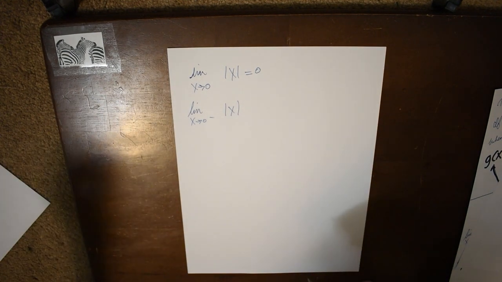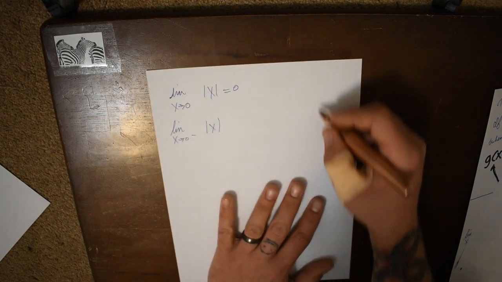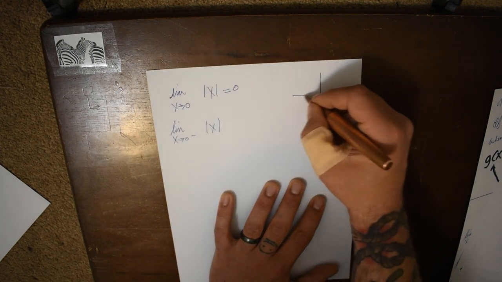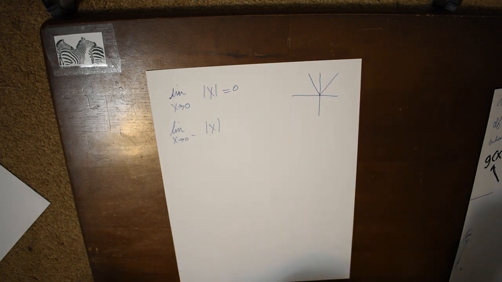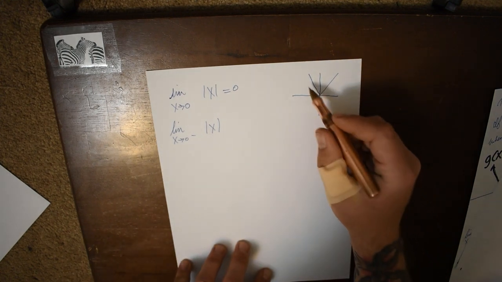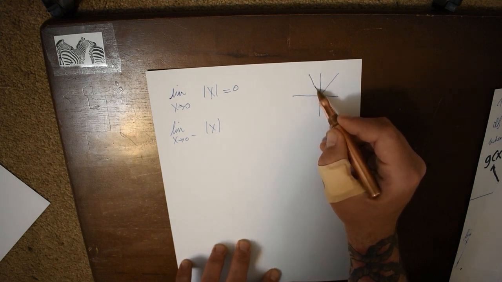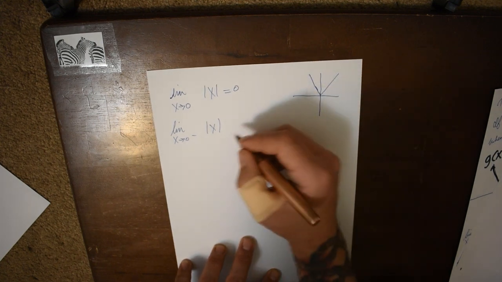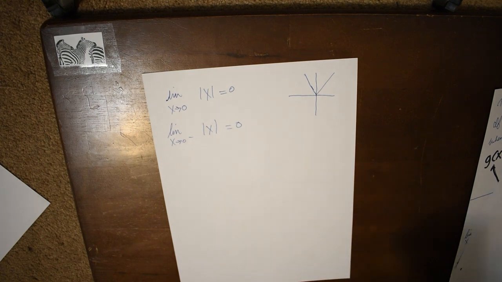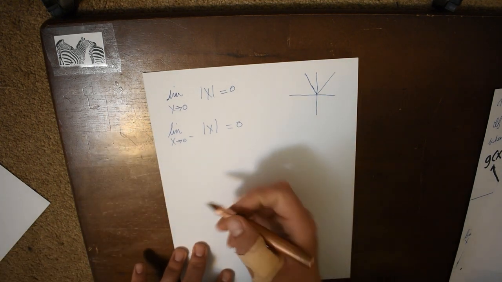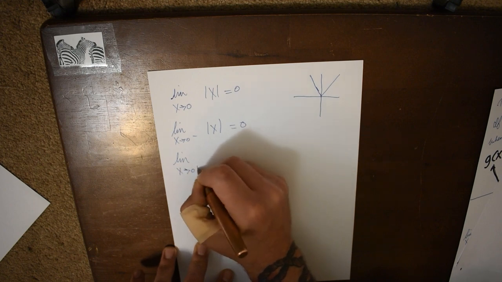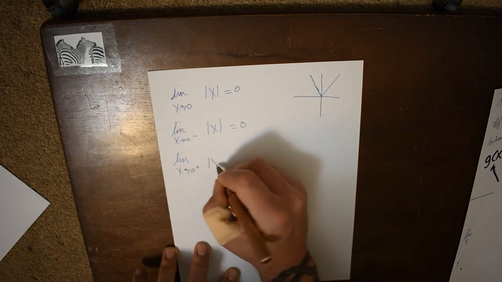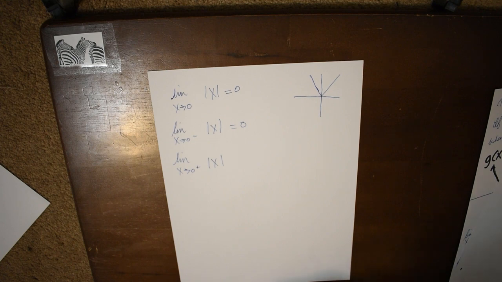And there's two ways to think about it. One, if you're a graphical person, the absolute value of x looks like this. Well, the limit as x approaches 0 from the left is going to be equal to 0. If you're an algebraic person, we'll tackle the limit as x approaches 0 from the right of the absolute value of x algebraically.